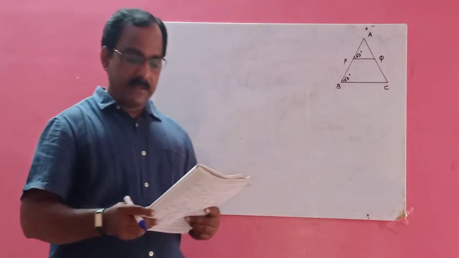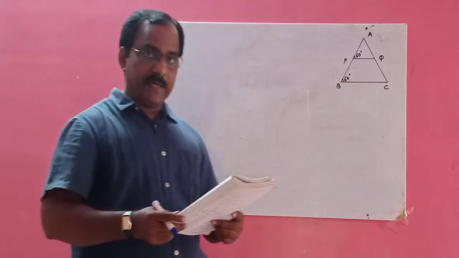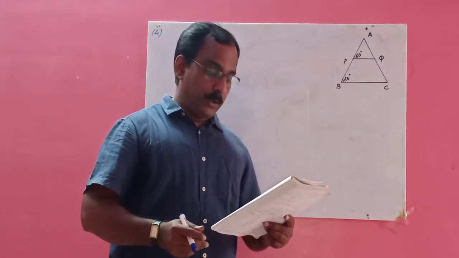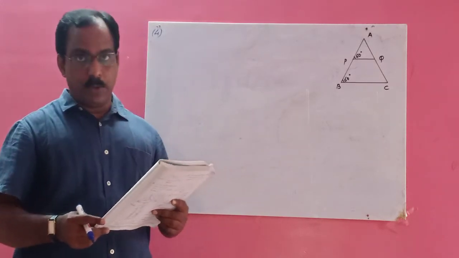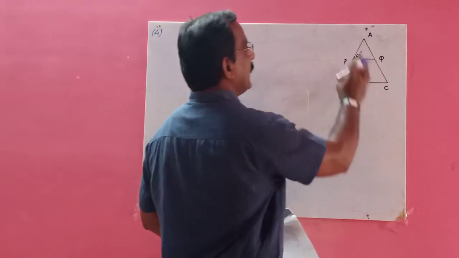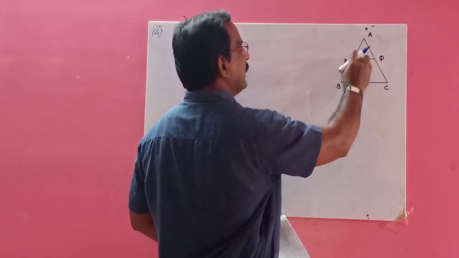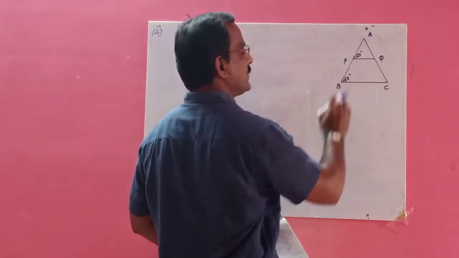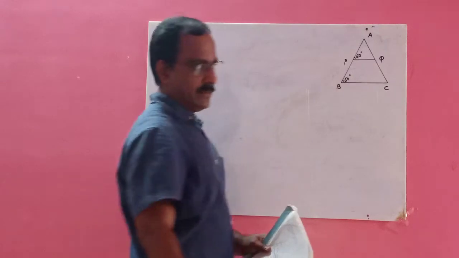Measures of some angles in the figure are given. Prove that AP upon PB is equal to AQ upon QC. See in this figure, children, in triangle ABC, angle APQ is given as 60 and angle ABC is given as 60.